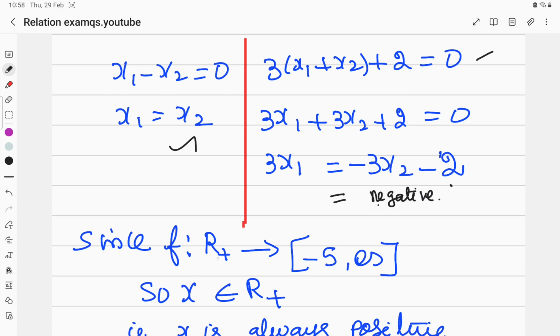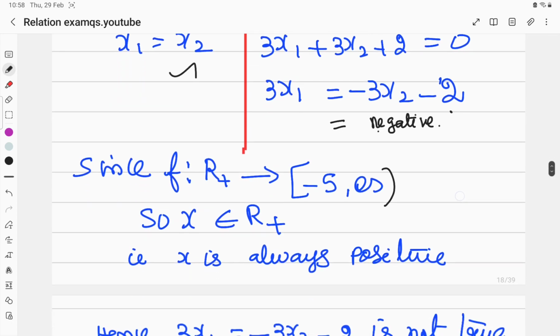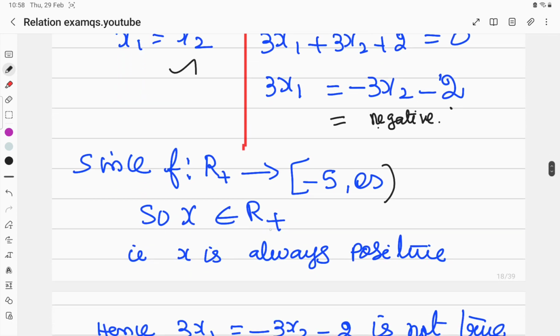Since f maps R plus, the positive real numbers, to minus 5 to infinity, x should belong to R plus, that is, x is always positive.